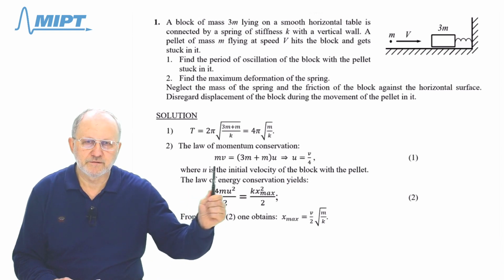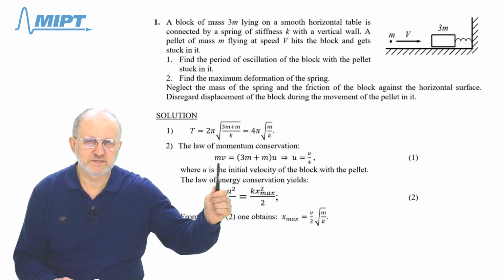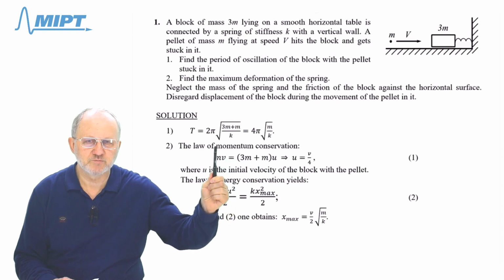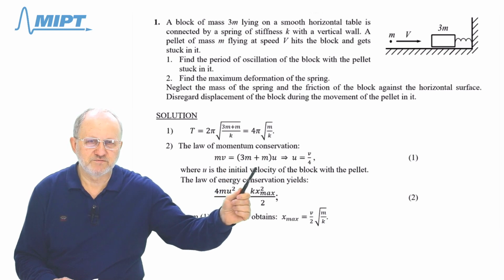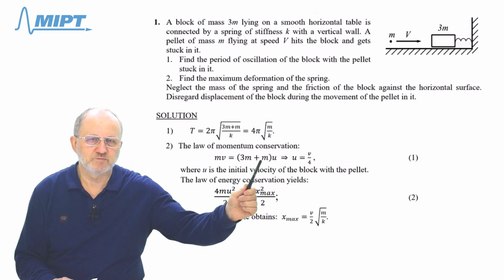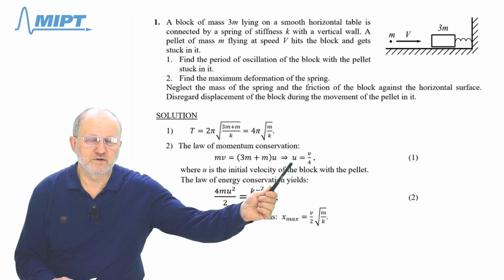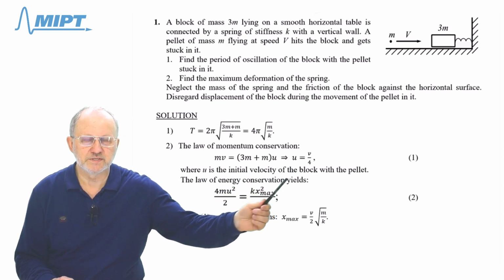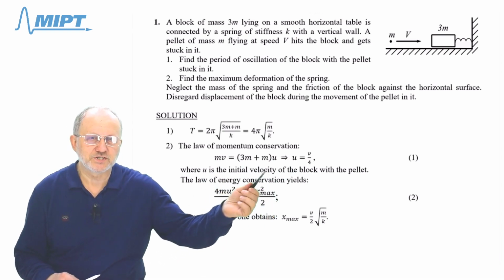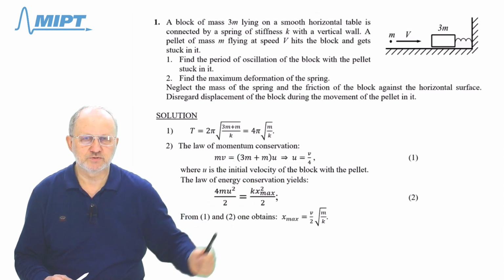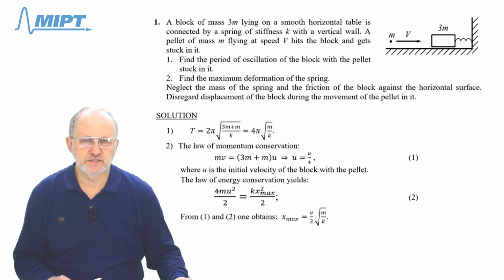So we can use the law of momentum conservation, which reads the initial momentum of the pellet equals the final momentum of the system, which consists of the block and the pellet stuck in it. And from this equation, we obtain the final velocity of the block, or the initial velocity of the block with the pellet. That is certainly the initial velocity, which is imparted to the block before the spring is deformed.